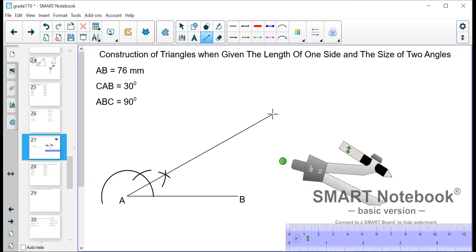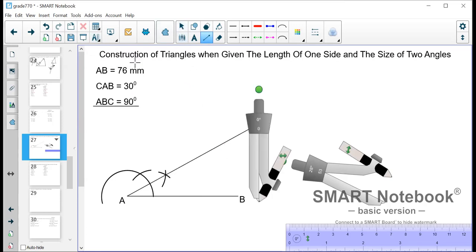You would want to draw this line a little bit long because you don't know exactly where it will meet the arm of the other angle, which is 90 degrees. So that is how this is basically done. You draw the angles until they meet at a point, and that would be the apex or the top of the triangle.